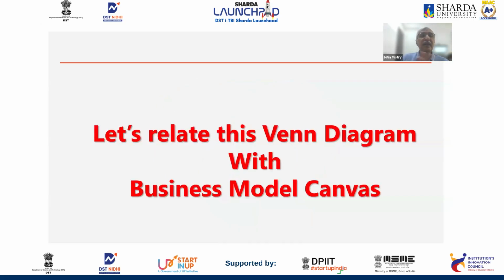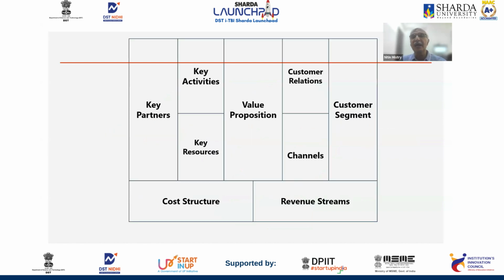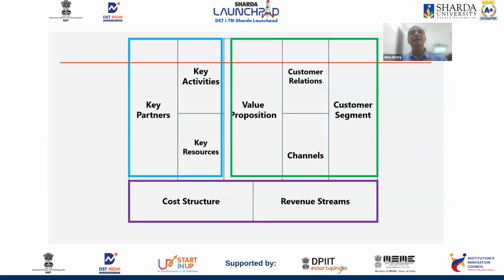So let's relate this Venn diagram with the business model. I want to relate the entire business model with this Venn diagram. This is our business model. I have one square, I have a second square, I have a third rectangle. What is this? This becomes desirability. That means customer segment, customer relation, distribution and value proposition become desirability. This becomes my feasibility.